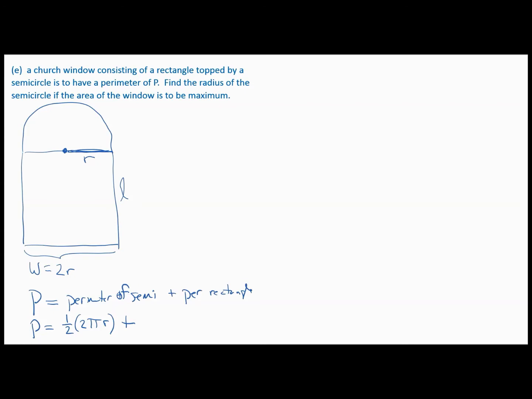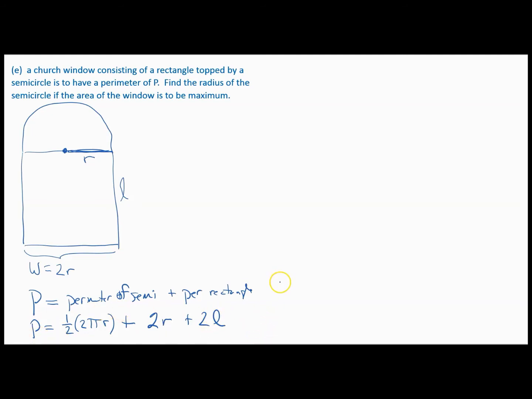Now, we're not really using the full perimeter of the rectangle, do you agree? Because we're not including this part. So it's going to be an L here and an L here plus these two R's. So it's going to be 2R plus 2L. Now that's the perimeter of the entire figure.